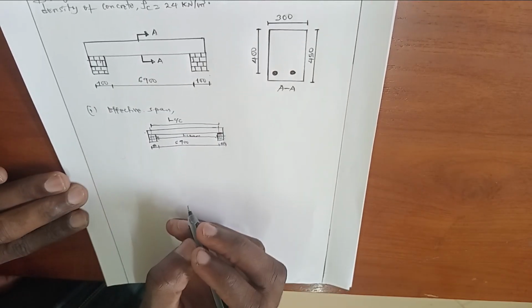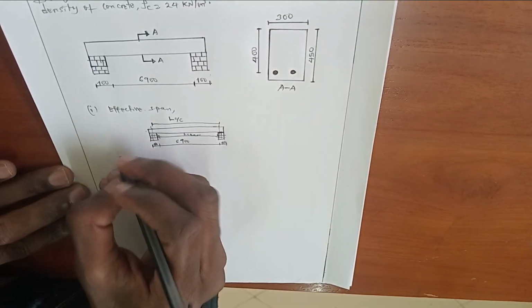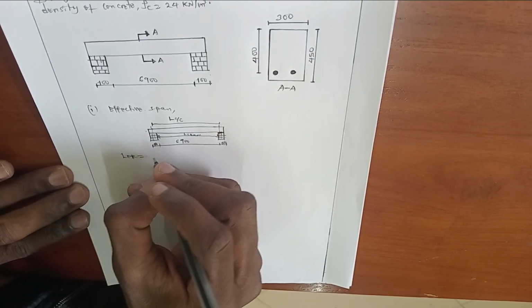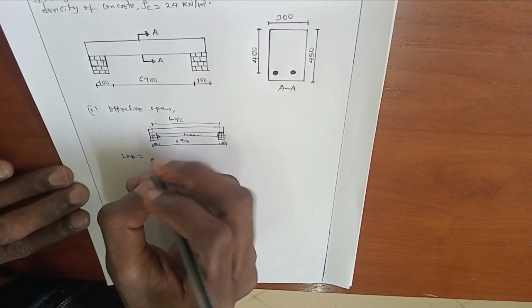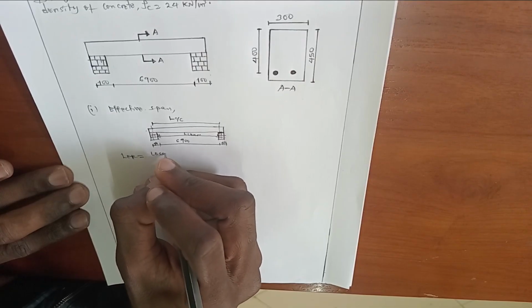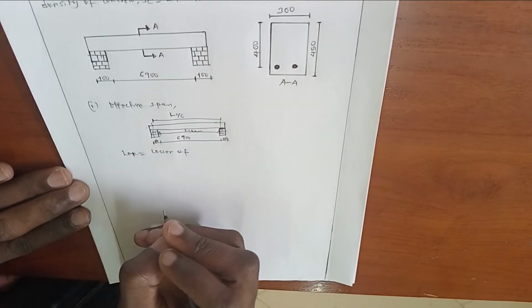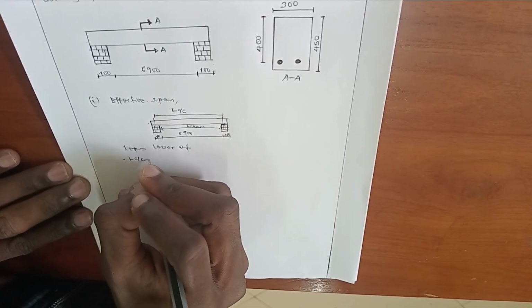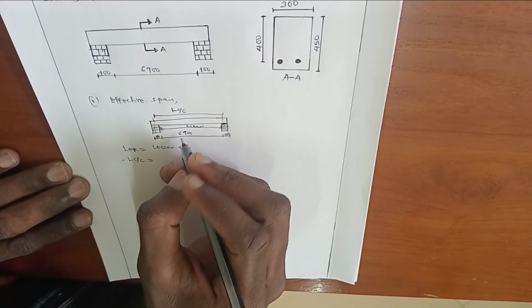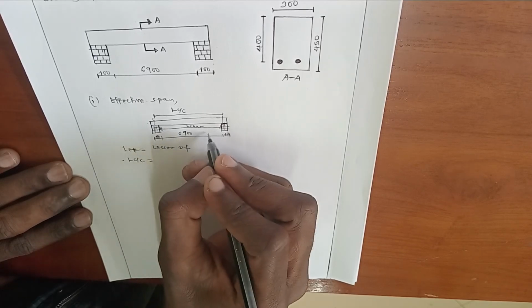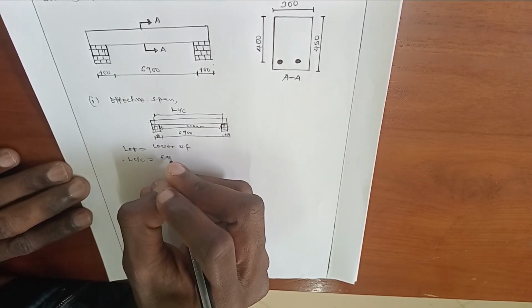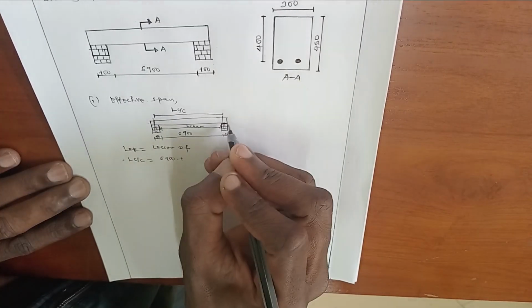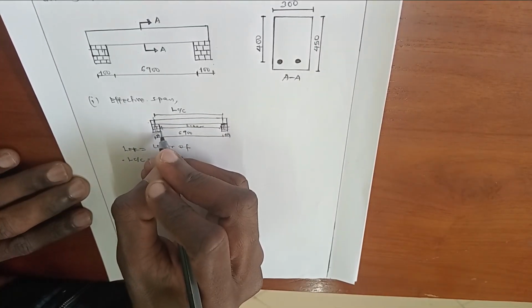So to determine effective span for simply supported beam, it is obtained by taking the length of center to center span, which is obtained by taking clear span, which is 6900, plus the distance from the center of this support to the inner face.